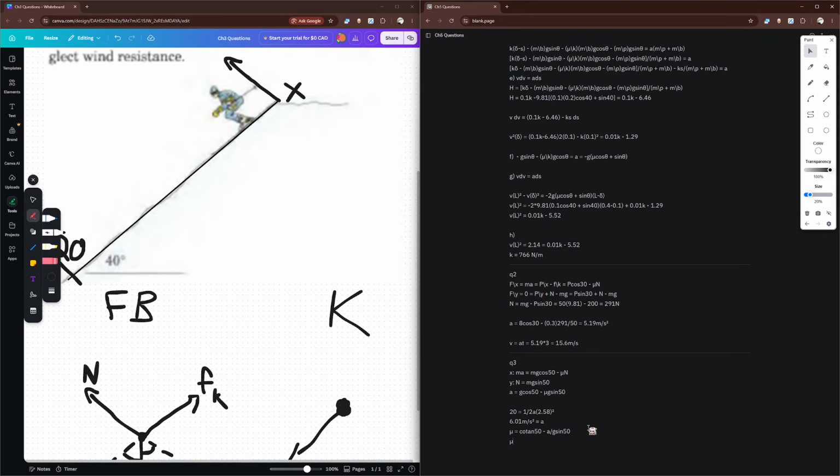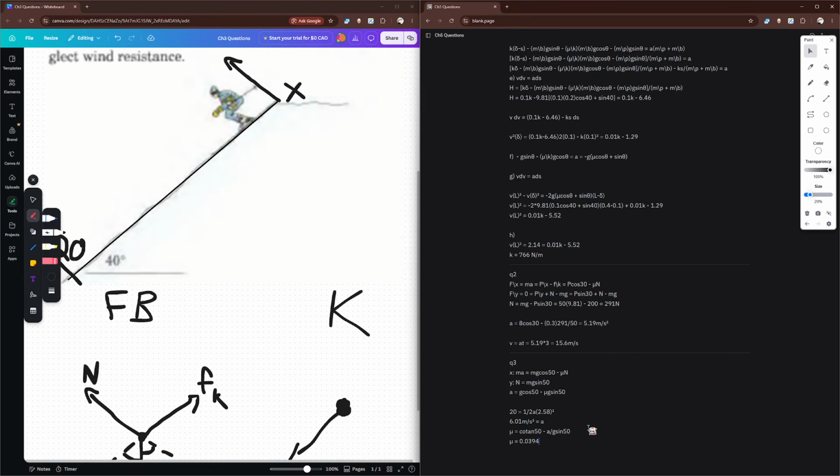So that gives us a mu equal to whatever cotan of 50 is. I need to calculate that quickly. So cos 50 divided by sine 50 minus this divided by 9.81 sine 50, which gives us a coefficient of friction of 0.0394. And that is to 3 significant figures.